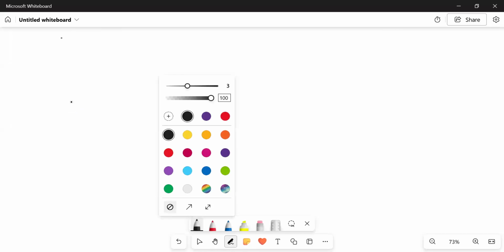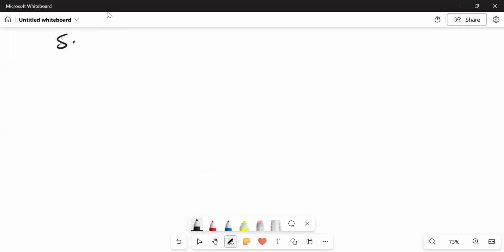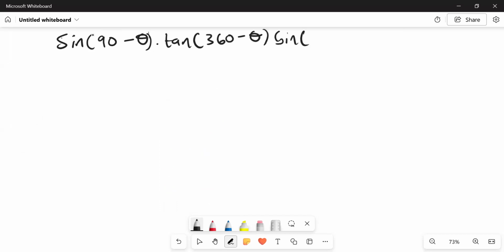You have sine of 90 minus theta, multiplied by tan of 360 minus theta, and then sine of theta minus 180.